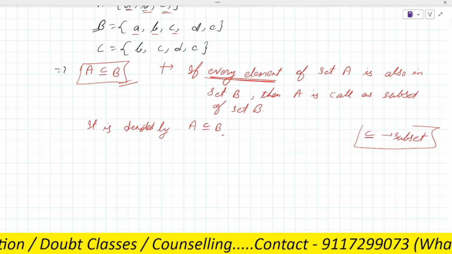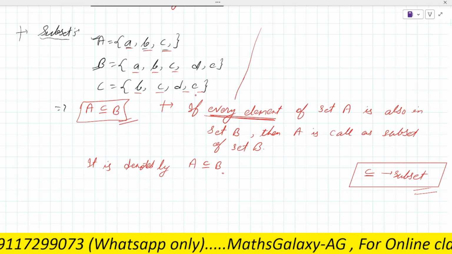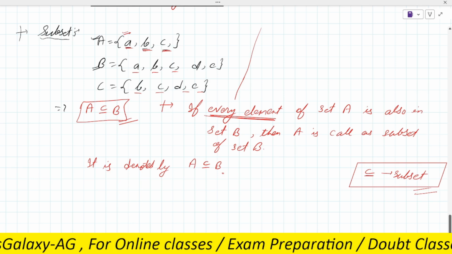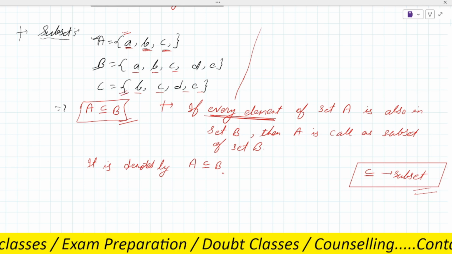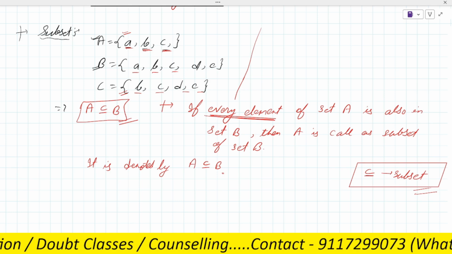As an example, see the elements of set C and set A. Are all elements of set A also in set C or not?